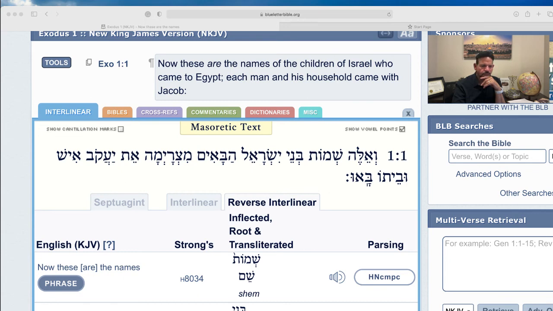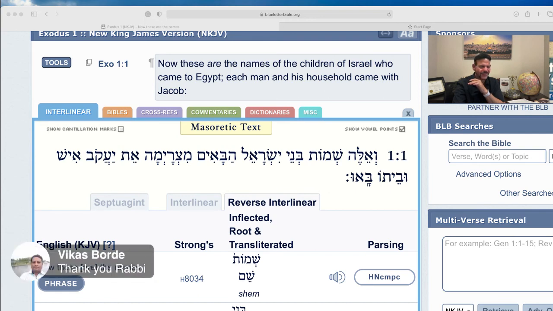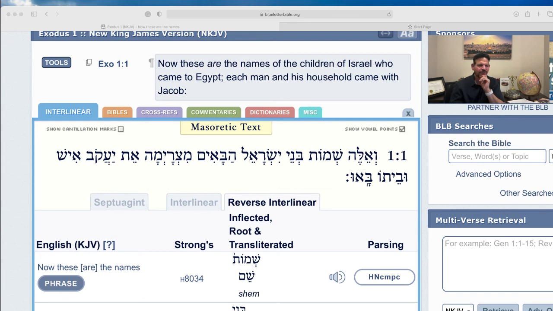I know we have about 5 on Zoom with us. Hey, Joseph, good seeing you. I don't know if you saw that my friend Vikas had said shalom, and also said thank you, Rabbi. So he's watching from India also, and so we're learning to work a little smoother with this program. But I have it set up to look at Exodus here, so you can see that well.